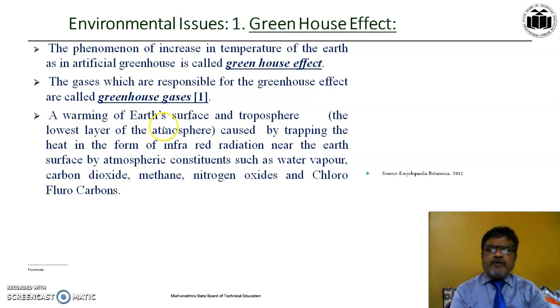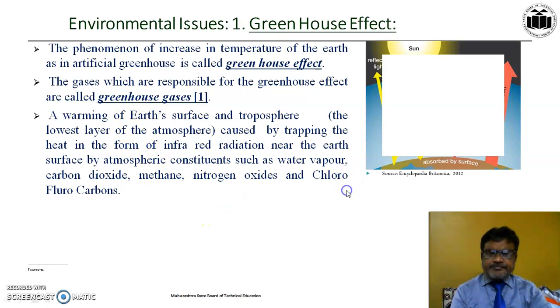It is a warming of Earth's surface and troposphere caused by trapping heat in the form of infrared radiation near the Earth's surface by atmospheric constituents such as water vapor, carbon dioxide, methane, nitrogen oxide, and chlorofluorocarbons. These are also called greenhouse gases.